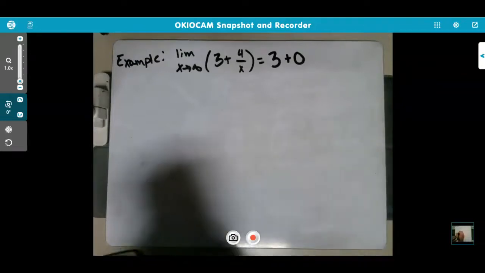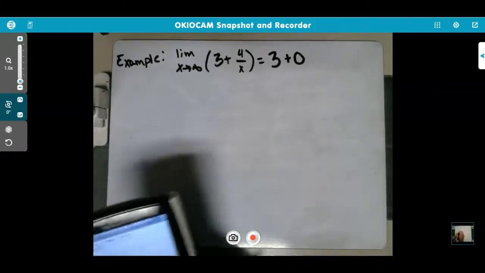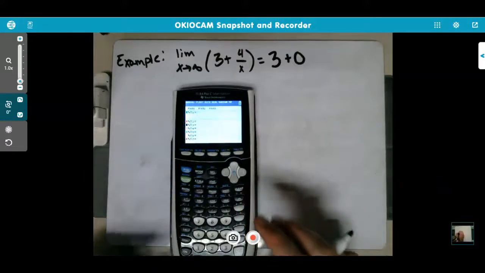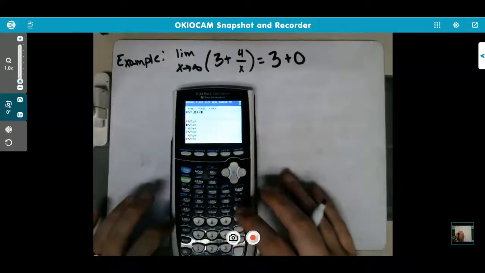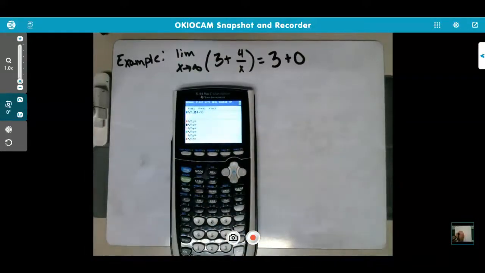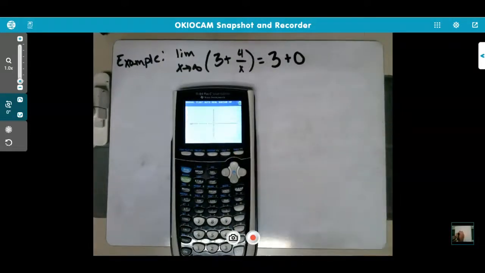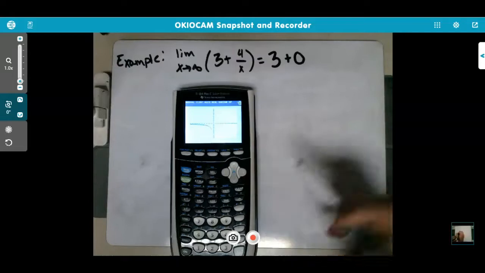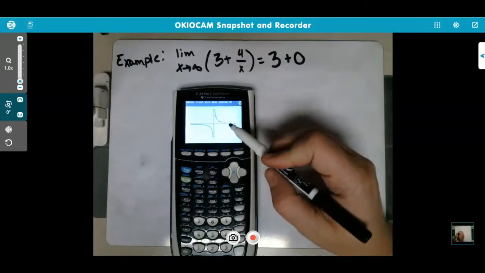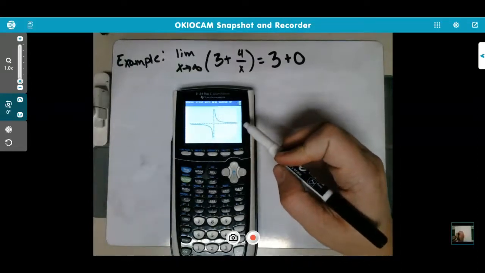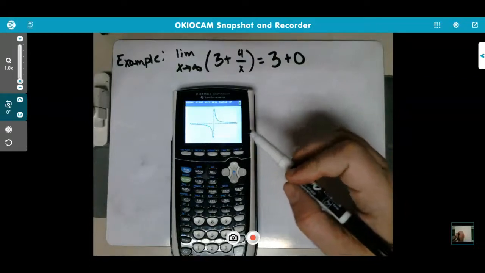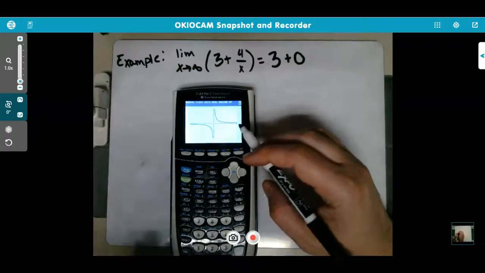Just to see that a little bit more, so that it is absolutely clear, let's say I graphed 4 over x, which is just this part right here. Looking at this graph, as x gets really big, look at what happens to the y.